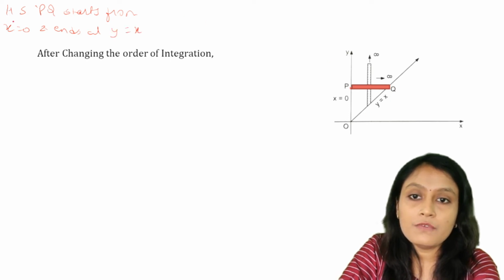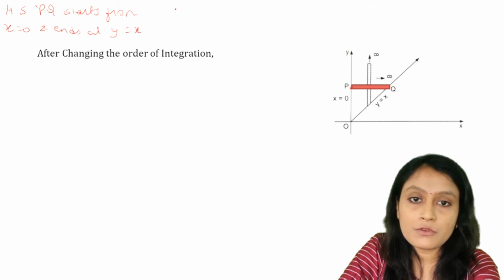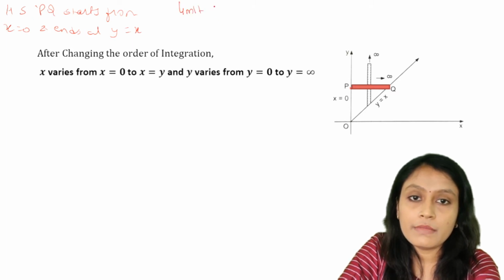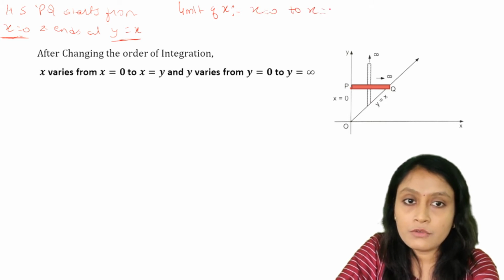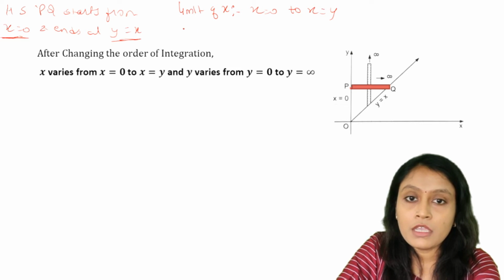Now we are taking a horizontal strip, so firstly we write the limit of x. The limit of x is x equal to 0 to x equal to y; you have to make x the subject. Now the limit of y.